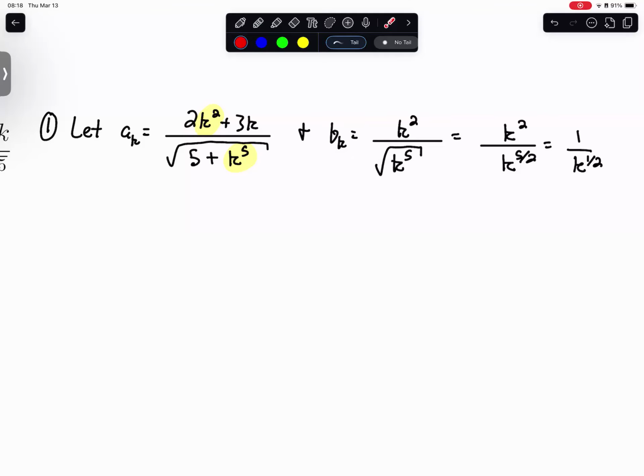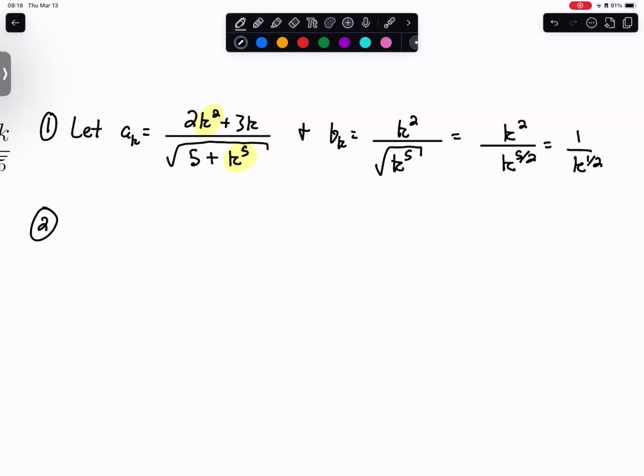For the limit comparison test, I don't really care about the coefficients. And that's because I'm required to take the limit, and I don't care what that limit is. All I care about is, do I get a positive finite number at the end? So if you want to keep that 2 when you do your setup, that's perfectly fine. But for limit comparison tests, that is not required.